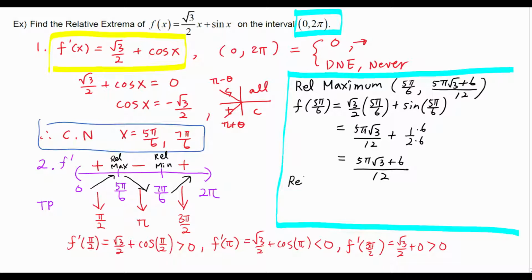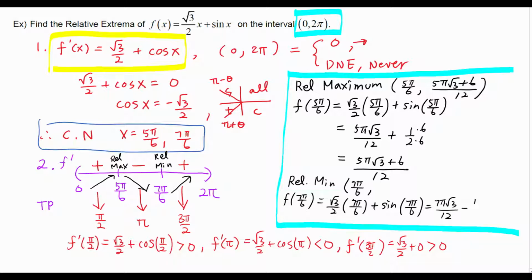And my relative min happens at 7 pi over 6. And f of 7 pi over 6 is radical 3 over 2 times 7 pi over 6 plus sine of 7 pi over 6, which is 7 pi radical 3 over 12 minus a half.